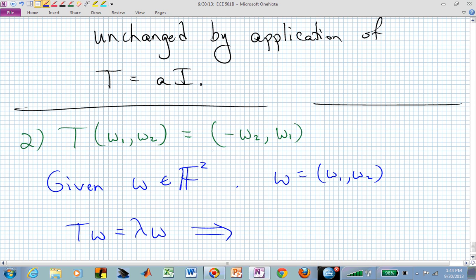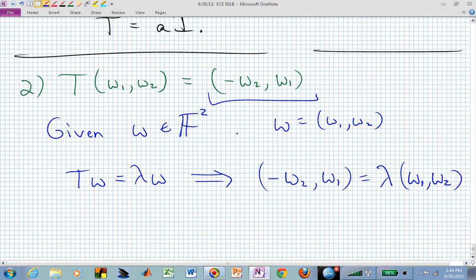Well, TW just gives us that, so that's now on our left-hand side of this relationship. That's now minus W2, W1, and that's supposed to equal the eigenvalue lambda times the input vector W1, W2. That's by definition of the eigenvector.